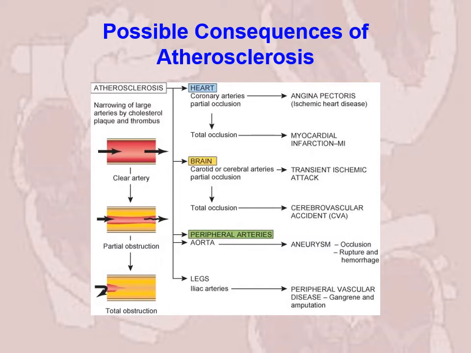In the case of the brain, carotid or cerebral arteries that feed the brain, a partial occlusion can result in a TIA, transient ischemic attack, or a mini stroke.